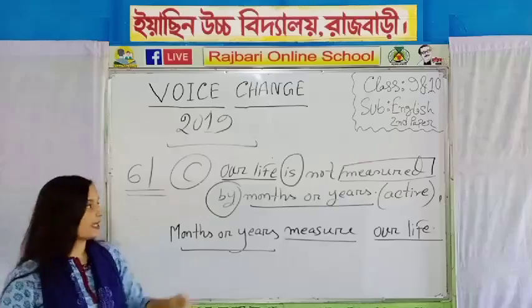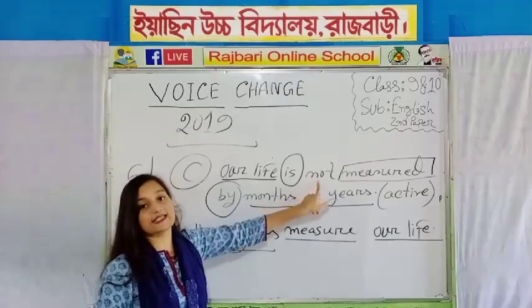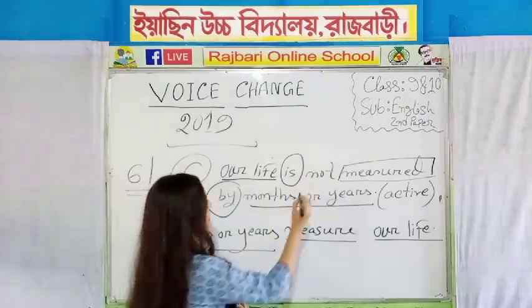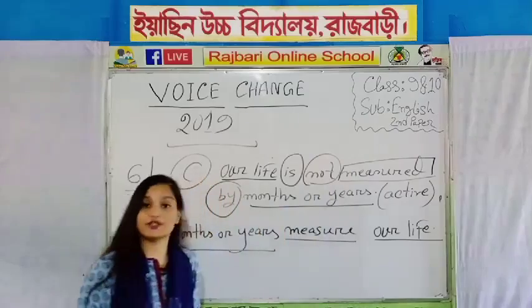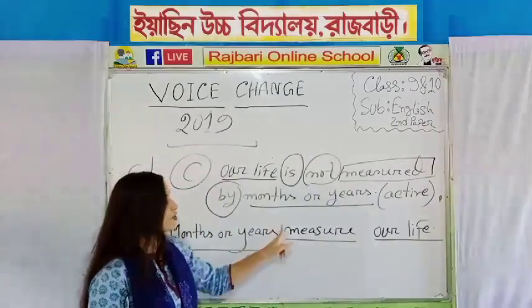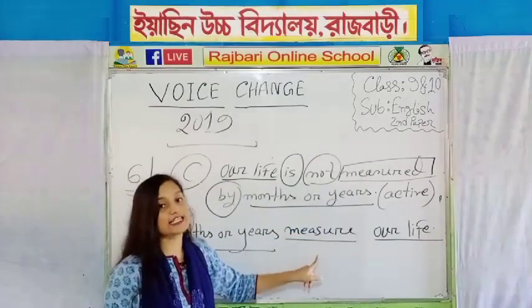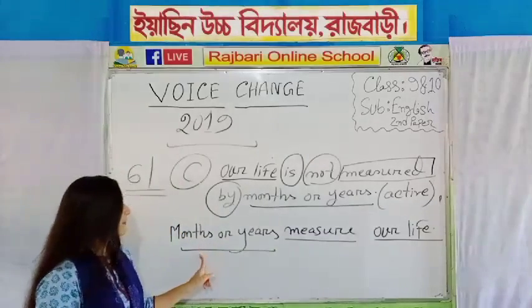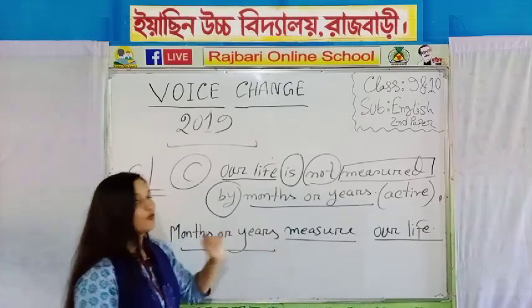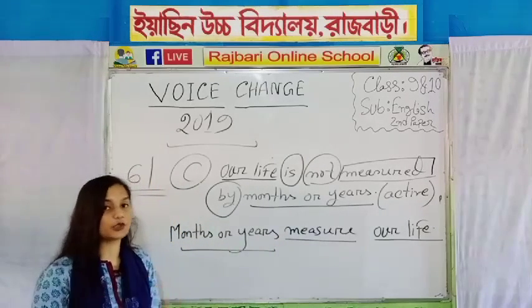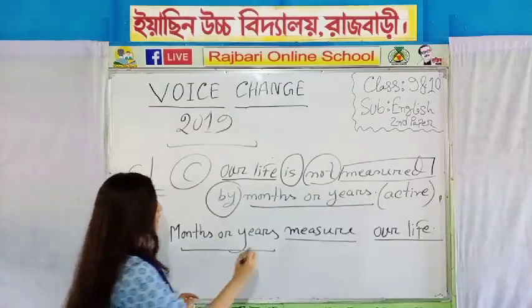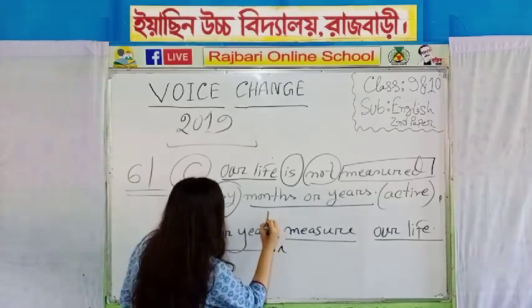Now see one thing, here the sentence is in negative form, right? Is not measured. So we have to make this sentence also into a negative sentence. Now months or years, what will be the negative word for this sentence? Well, we can write do not.